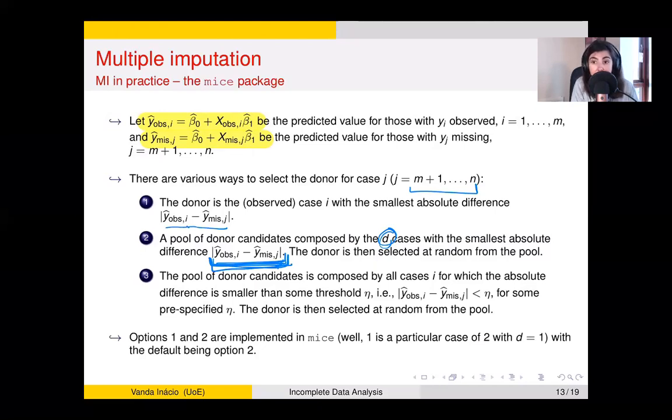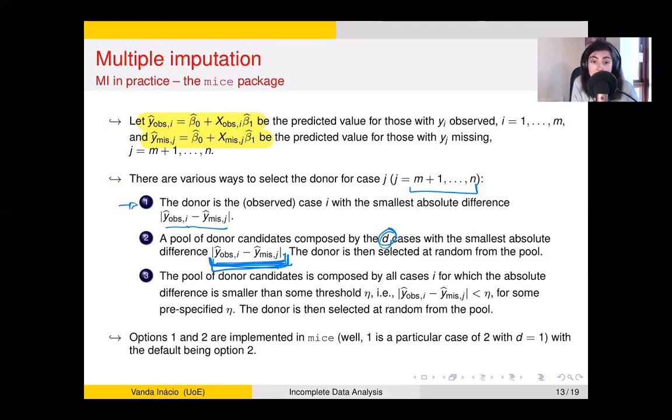And then from these five, or in the most general case d possible donors, I select one at random. And so the approach that we have seen in one and in the assignment is just a particular case of two, where d is set equal to 1.